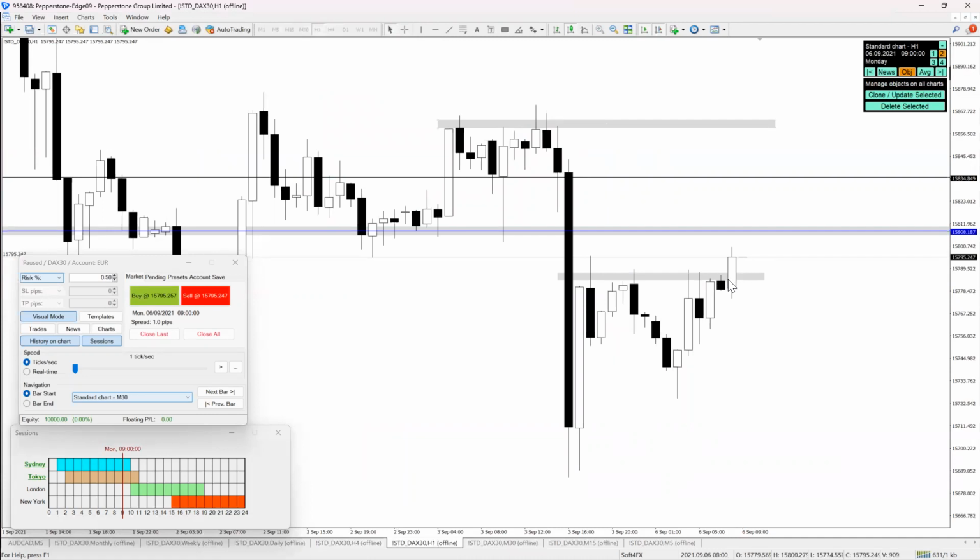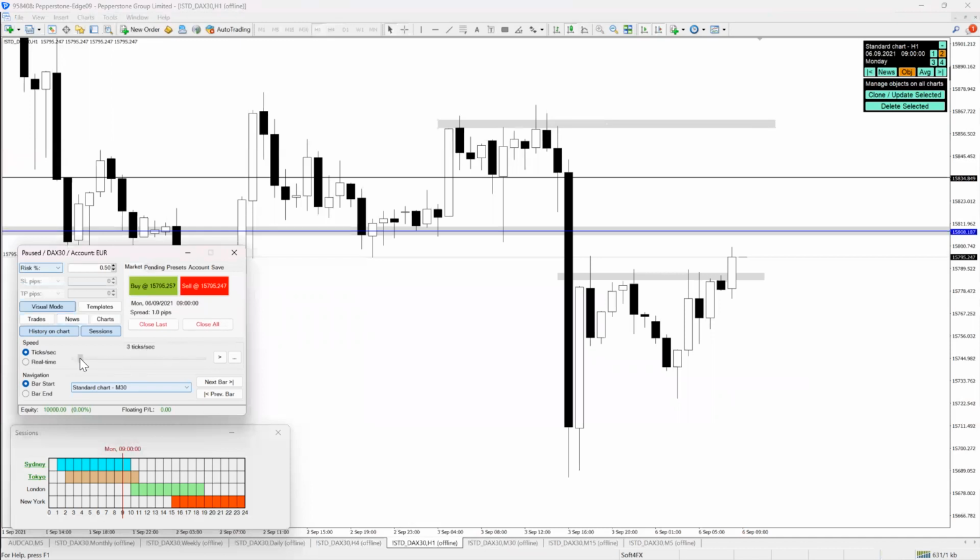So unless it's breaking back underneath here, I don't want to take a sell unless it's forming something up here. But I think it makes sense for more momentum to go to the upside, and then we can look for sells. But on a Monday, I'll keep risk a little bit lower. So let's get this started.